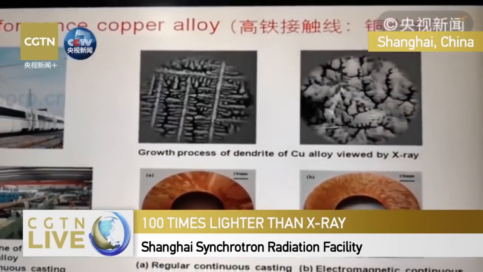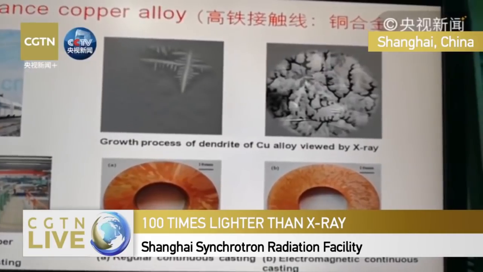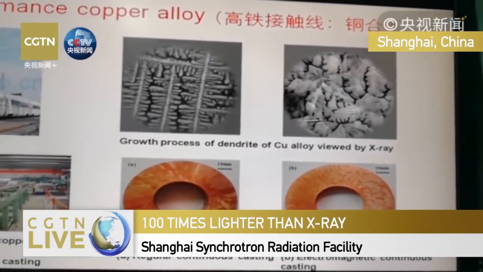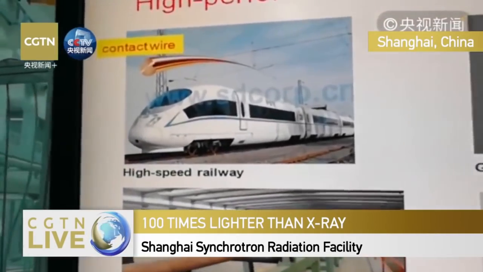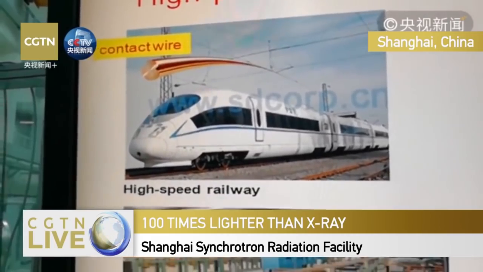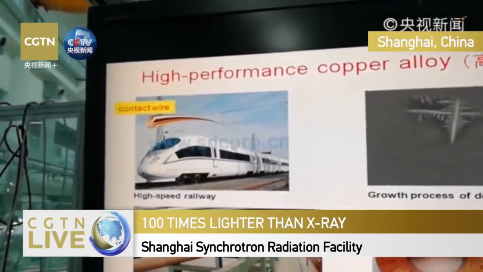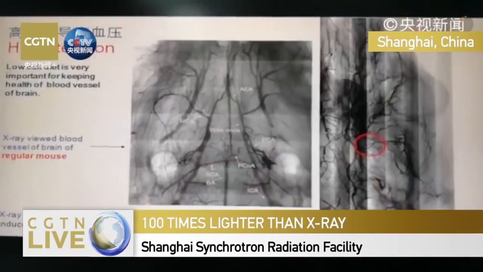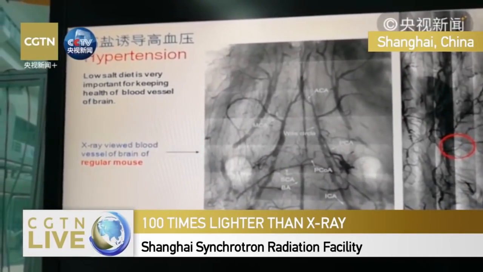So we can see the structure for the material. So we can see how the alloy grow, and we can get different kind of data. And through this kind of experiment, we have a professor from Dalian Institute of Technology. He has won a second award for the National Scientific Progress based on this analysis of alloy.